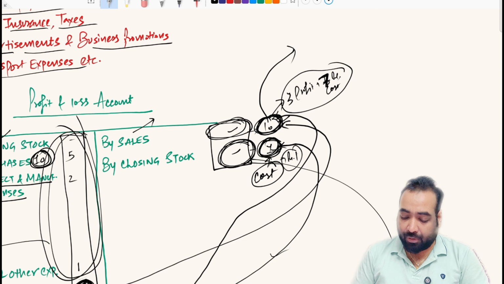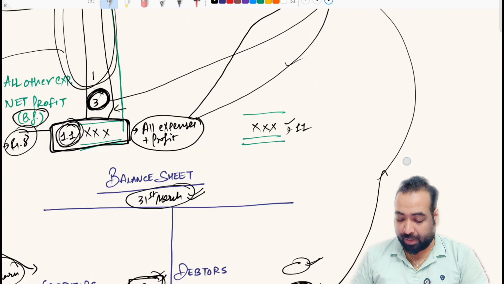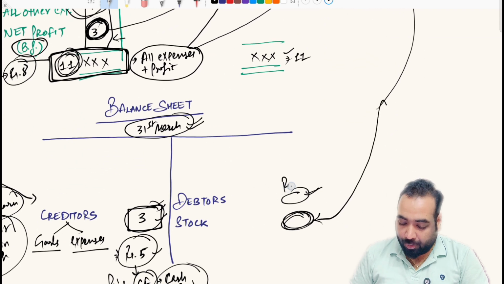Out of 10 rupees, you may have received only 8 rupees in cash, or suppose you have received only 4 rupees in cash, and 6 rupees are still pending to be received from them. So here, 6 rupees shall be shown as pending to be received.